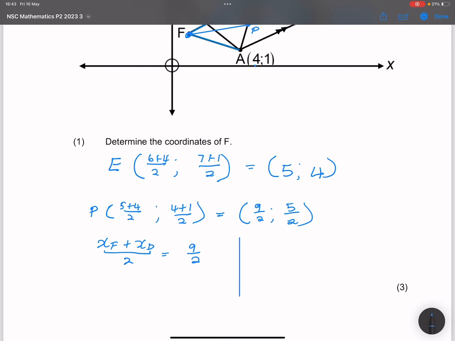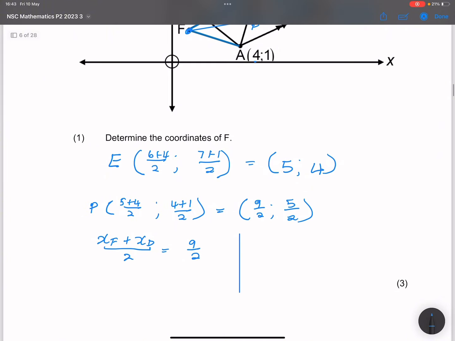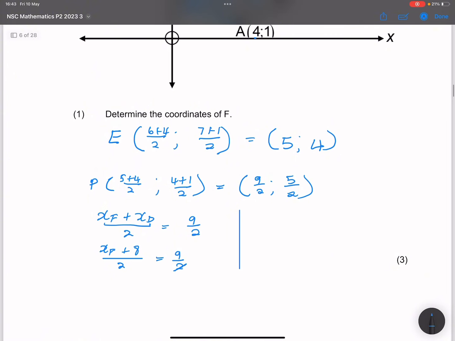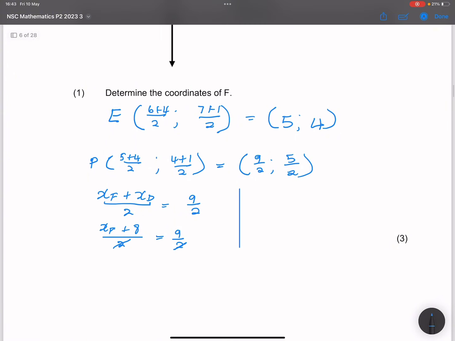So xF + 8, divided by 2, is equal to 9/2. My denominators are the same, so I can simply drop them down. Which means that xF would be equal to 9 minus 8, which is 1. Okay, so let's do the same for y values. yF + yD, over 2, would be equal to 5/2.